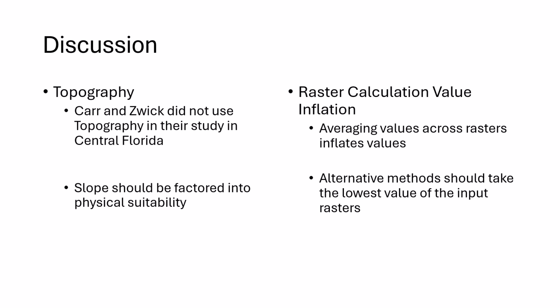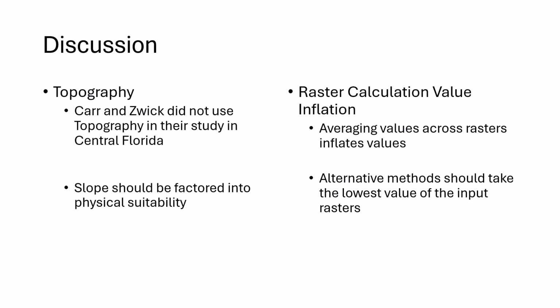I'm just guessing here, but Carr and Zwick didn't use topography, but they were in Central Florida. So I'm guessing that they didn't use topography because it wasn't really relevant to what they were studying. The topography in Florida is relatively flat, and they were able to get all the information they needed regarding topography using flood data.